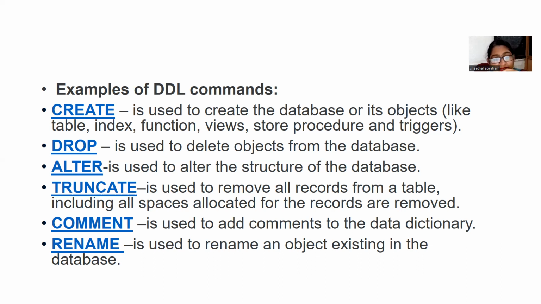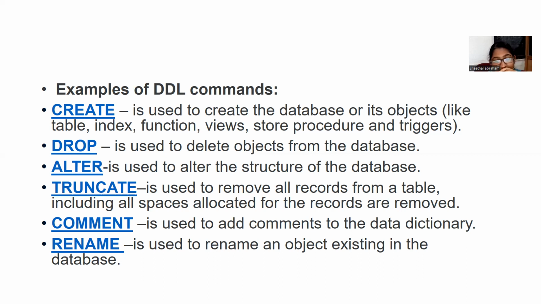And the alter command is used to alter the structure of the database. Then truncate is used to remove all records from a table, including all the space allocated for the records. Today, along with this, we will be discussing the difference between drop, truncate as well as delete.